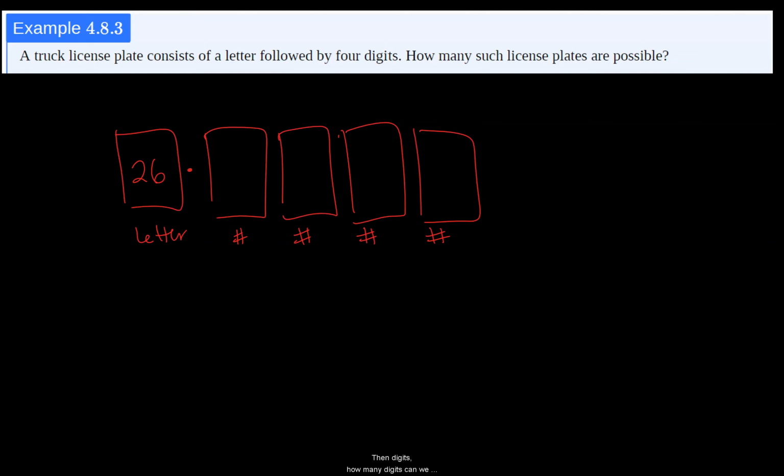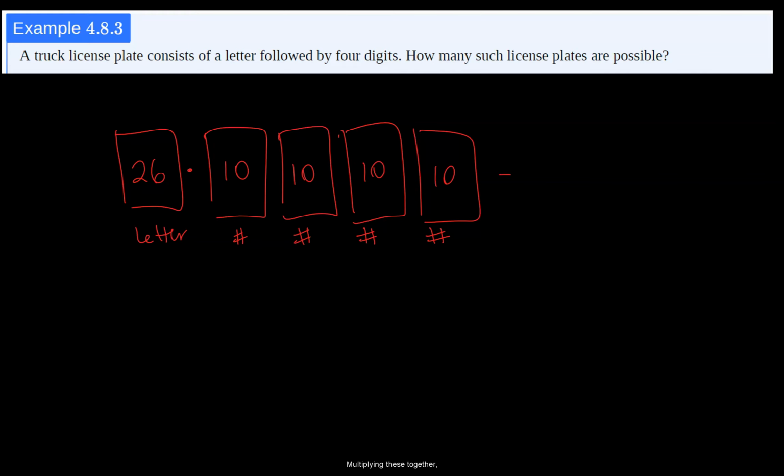And then digits. How many digits can we have? Well, 1, 2, 3, 4, 5, 6, 7, 8, 9, and 0. Don't forget 0, my hero. We have 10 different digits. And since we can have a number repeated, so we could have a 1111 as a license plate, that's valid, then we have 10 different choices for each one of those digits.